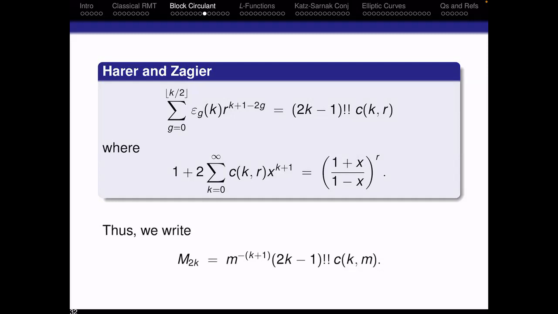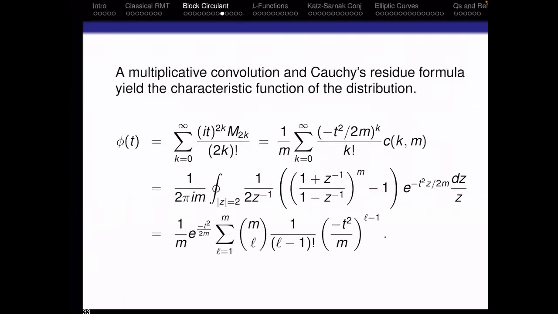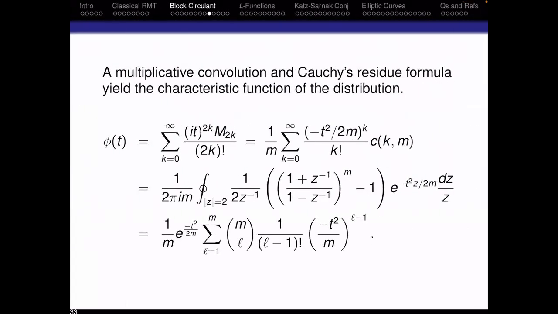So it would be 2k double factorial, because we've lost all the odds. For 2k double factorial, I can pull out a 2 from each factor. That's 2 to the k, and then I have k factorial. Oh, beautiful, right? So if I divide this by 2k factorial, I would just have t to the 2k over 2 to the k. Okay, that's not so bad. And I would have a 1 over k factorial.